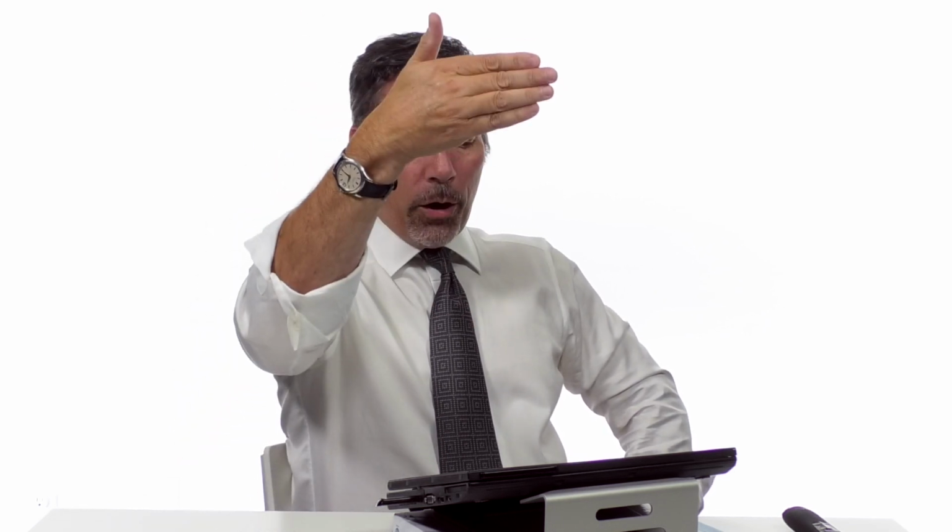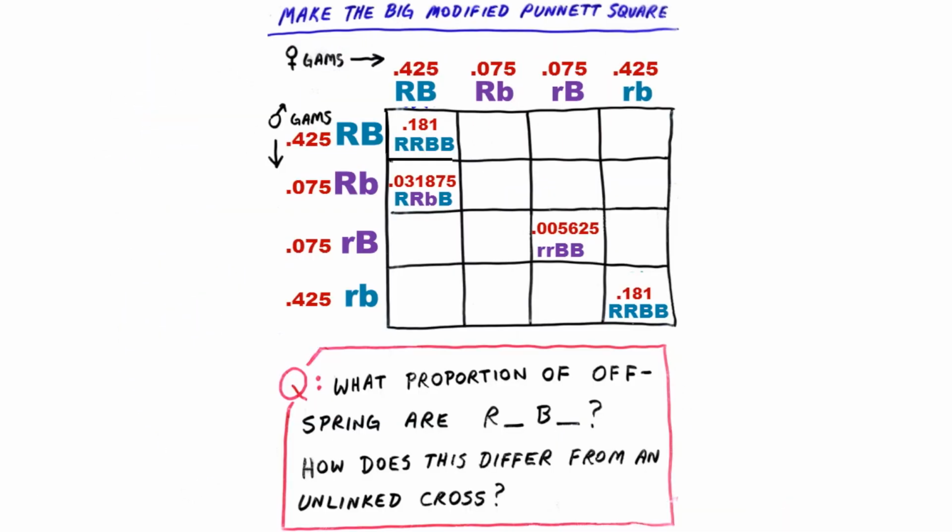So out of the 16 squares, 9 of them indicate a situation in which the individual is going to show a big R, whatever that dominant trait is, and the big B dominant trait. But in order to do that, you'd have to add up the frequency of each of the 9 squares that have a dominant R and a dominant B, independent of what the second allele is. It turns out to be 68% of them.